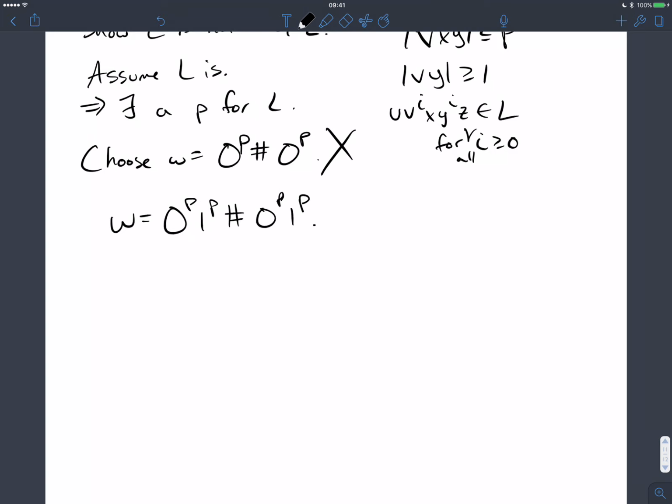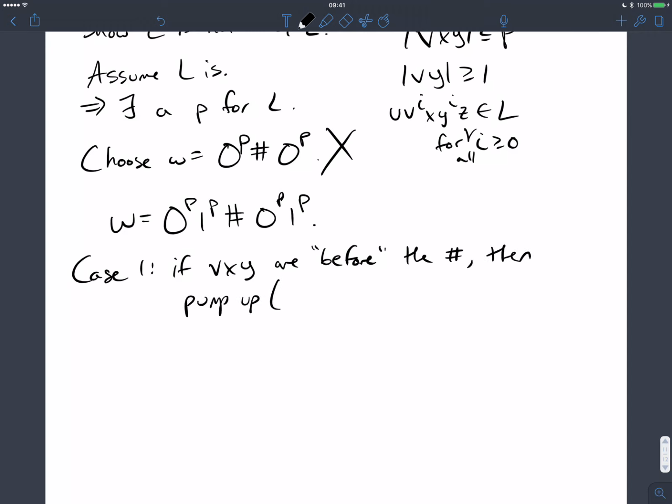So, case 1, if v, x, y are before the pound sign, then pump up: length of left-hand side not equal to length of right-hand side.